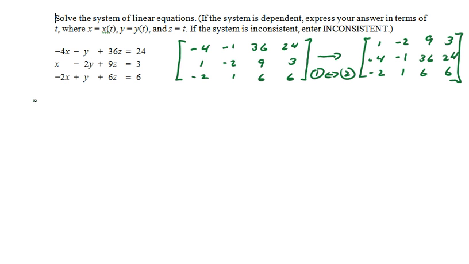And then we'll take 4 times the new row 1, add it to row 2, make that the new row 2, and 2 times row 1, add it to row 3, and make that our new row 3.